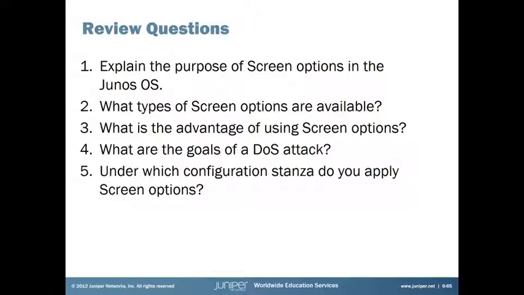What was the goal of a DOS attack? What is the hacker trying to do if someone is launching a DOS attack on us?